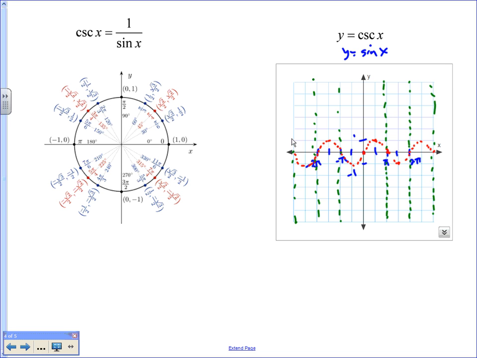And yes, I want you to do everything that I am doing on my graph. I want you to show me what the graph of sine is, and then I want you to draw the vertical asymptotes, and then I want you to draw, preferably a little bit darker, or something that makes it more obvious than the rest of the graph, something to show that you actually know what the graph of cosecant is, that it's these u's and n's.